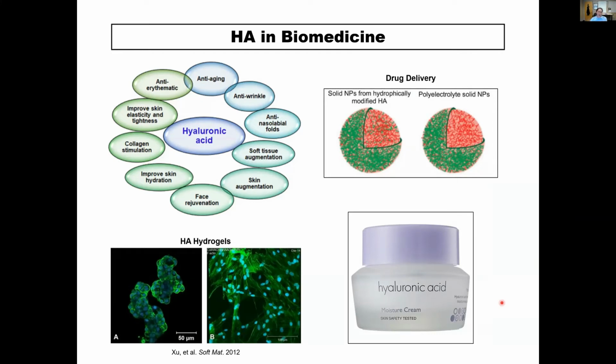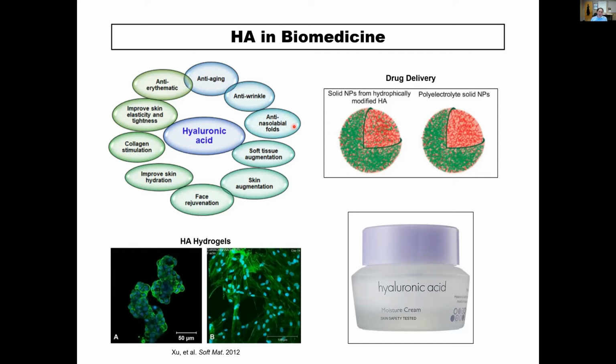Again, this molecule can absorb water, and it's a great hydrating molecule, hence why it's included in a lot of different moisturizers. And besides that, it's also used in many other types of products, whether they're medical grade products or cosmetic products, for helping with wrinkling and aging and collagen stimulation, etc.